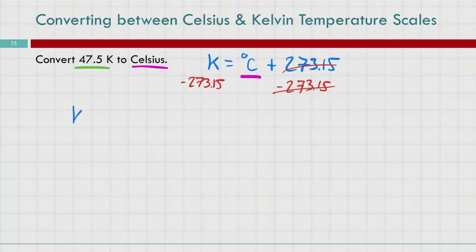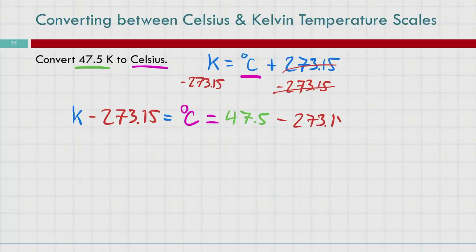So Kelvin minus 273.15 equals degrees Celsius. So degrees Celsius here is 47.5. I usually just leave off the units for these, minus 273.15.